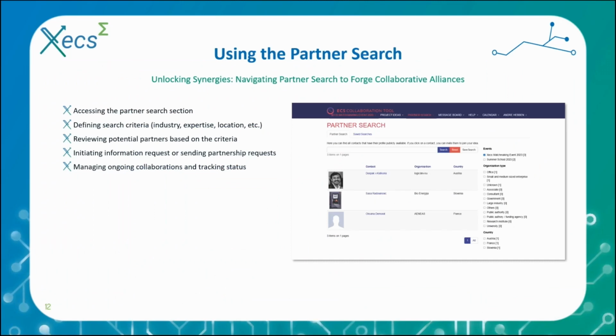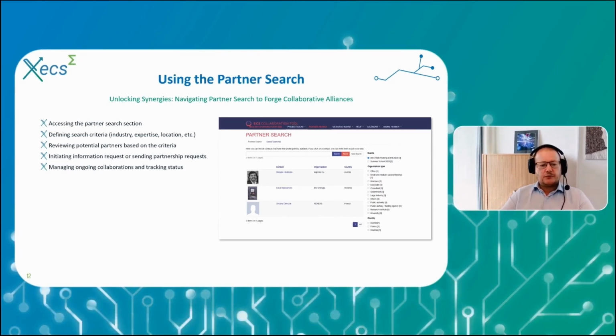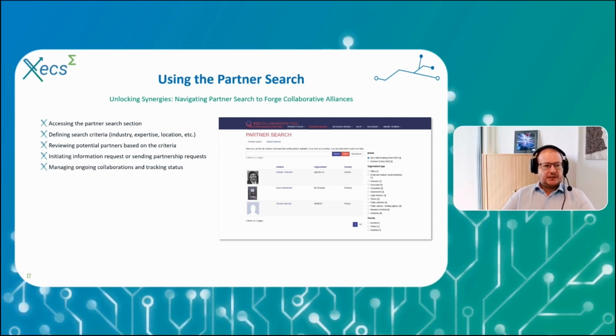Okay, next slide. So besides project ideas, the ECS collaboration tool also allows you to get in contact with people who want to be in contact either for consortia or for setting up networking opportunities. You can access the partner search. There you can define criteria for finding a certain kind of partners. That criteria can be saved.